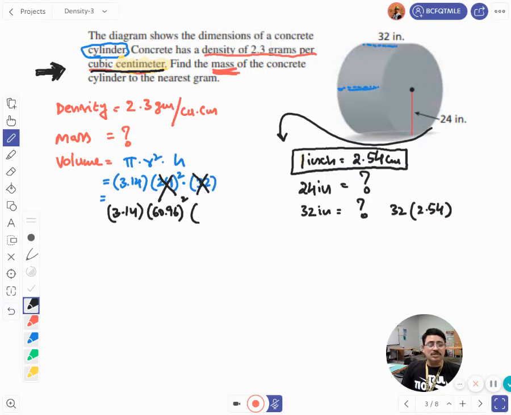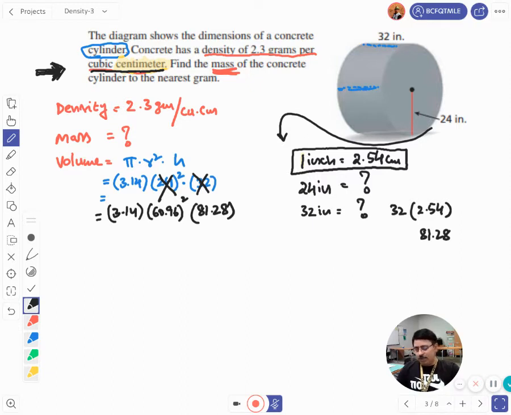So let me take my calculator: 32 times 2.54 gives me 81.28 centimeters. So you have to be careful, especially while computing, about whether the units are the same or not.